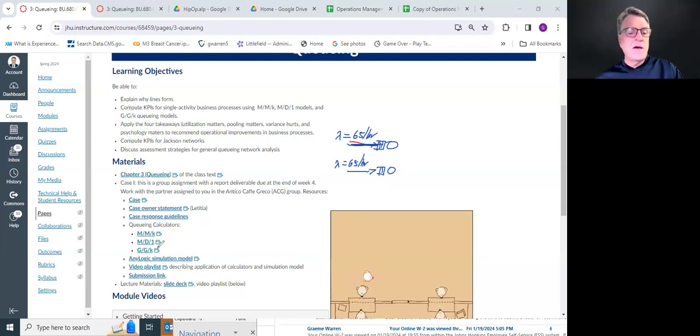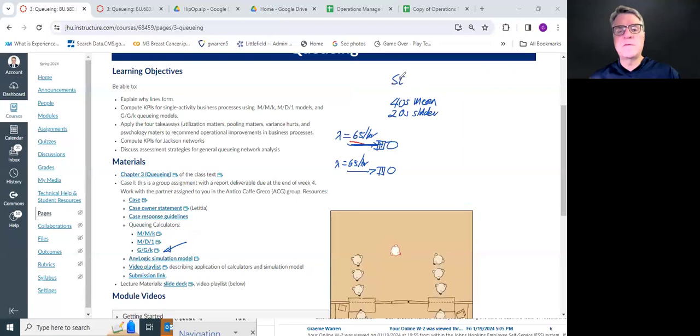Now, the reason that this is going to be the one that's relevant is because I have normally distributed service, or at least I'm going to assume that service is normally distributed, because there's a mean of 40 seconds and a standard deviation of 20 seconds. Those are the service times.